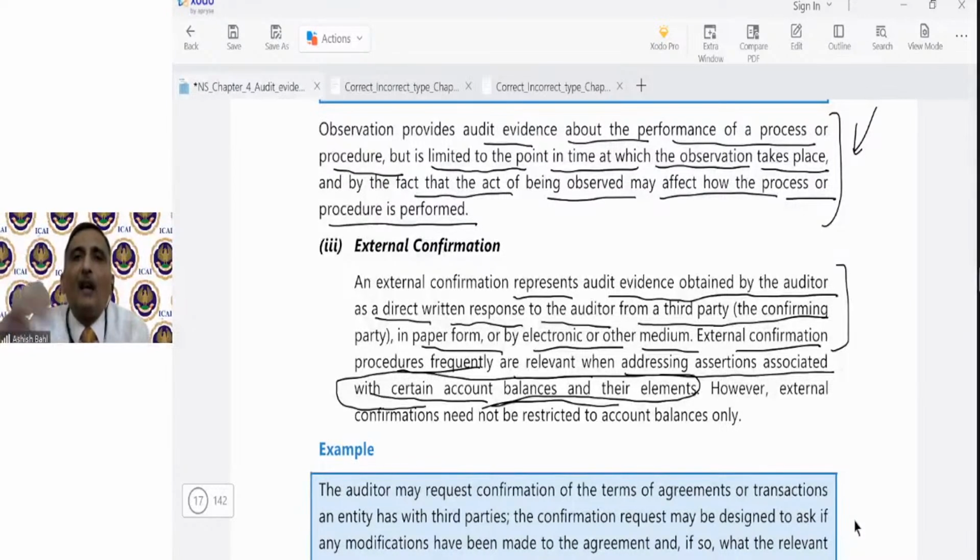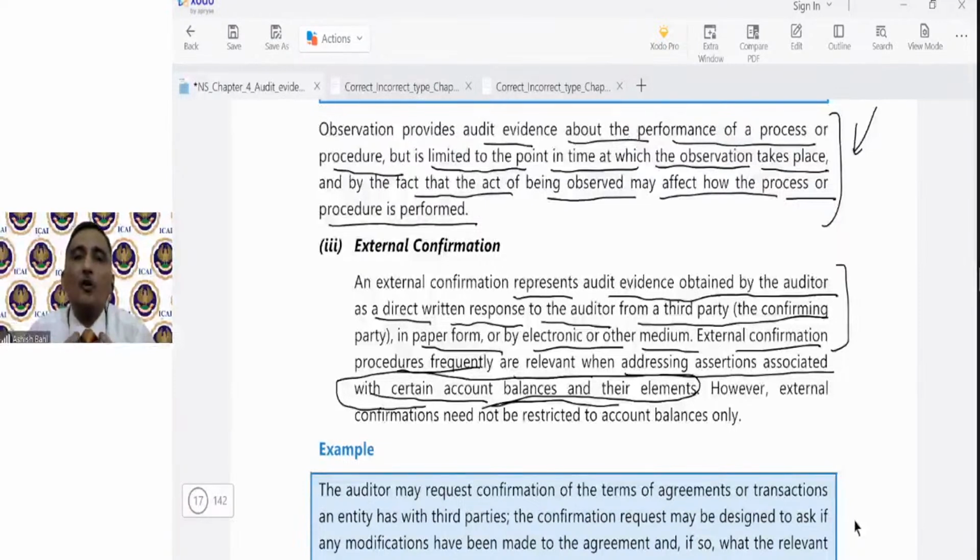In case of account balances, like in case of trade receivables, like in case of trade payables. But it is not necessary that these are restricted to account balances also. The auditor can send external confirmation requests for verifying the contents of some agreement also. It is not an account balance. But the auditor can choose.